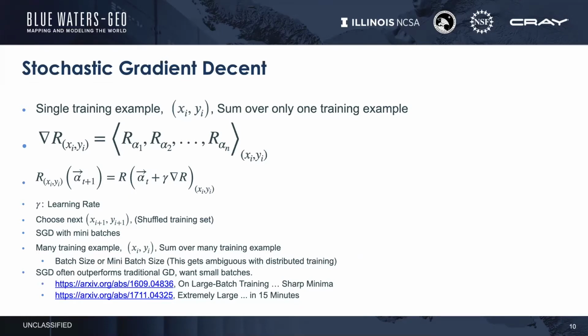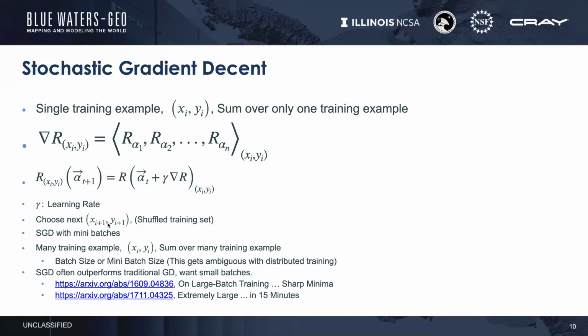So we load one training example. We take the gradient with respect to each of the training weights, update the training weights, and then choose the next training example, evaluate the loss function, take its gradient with respect to each of the weights, and update those weights.